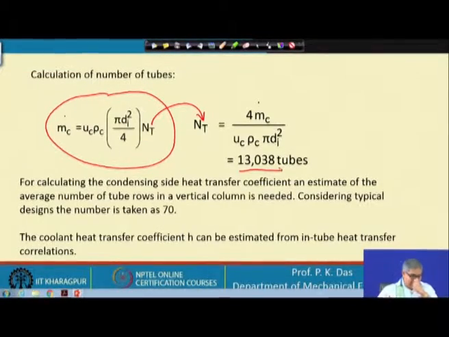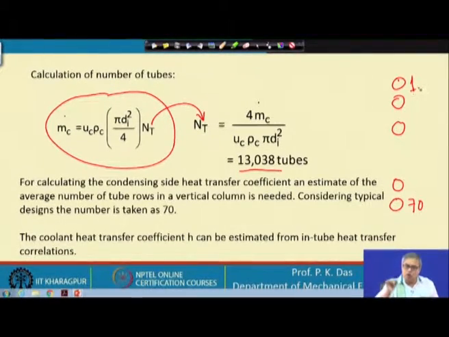This we have explained in great detail. So here, based on some consideration, we are considering that there will be 70 tubes like this. This is the first tube, so in a particular column there will be 70 tubes.